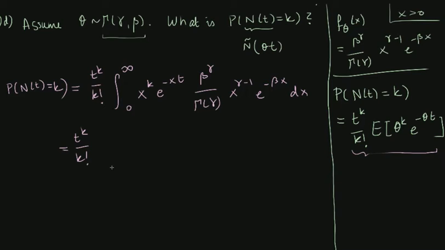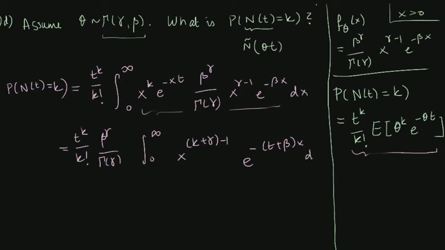So let's group everything inside here so it looks more or less like something that comes from a gamma distribution density. I can take the beta to the gamma and the gamma function of gamma out here. If I group the x's, I have x to the k plus gamma minus 1. And I group the exponents, I have e to the minus t plus beta times x, dx, right?